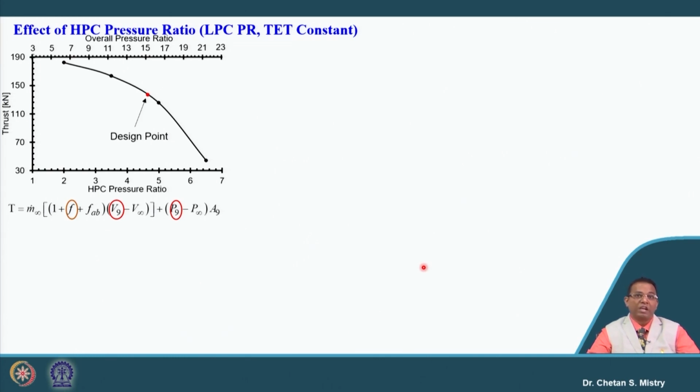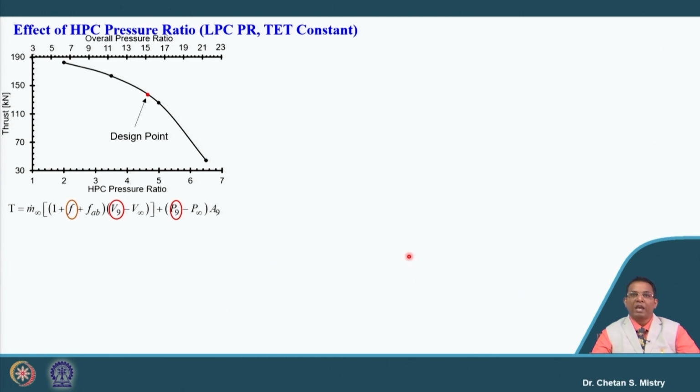It is increasing our overall pressure ratio. Since we are increasing the overall pressure ratio for a particular turbine entry temperature, our curve is moving more towards the left hand side, and that is the reason why the amount of fuel required to raise the temperature will be lower.